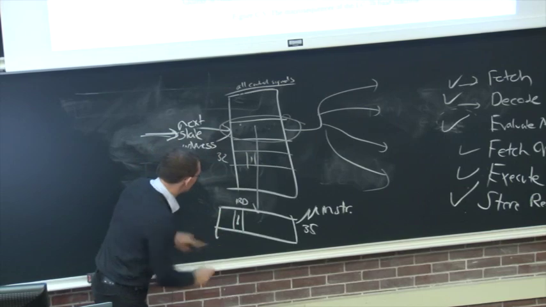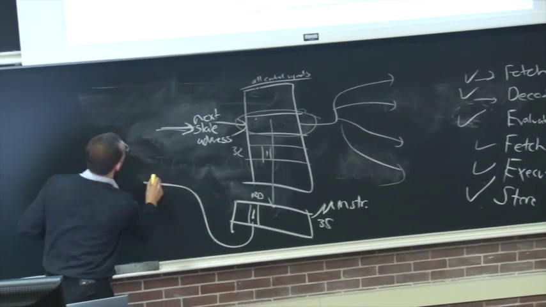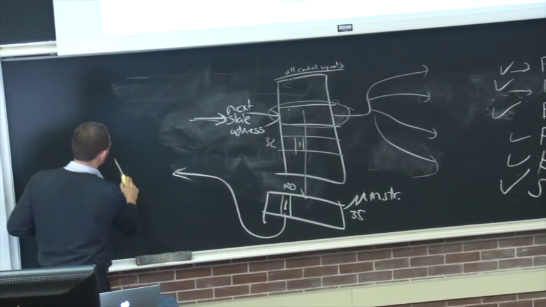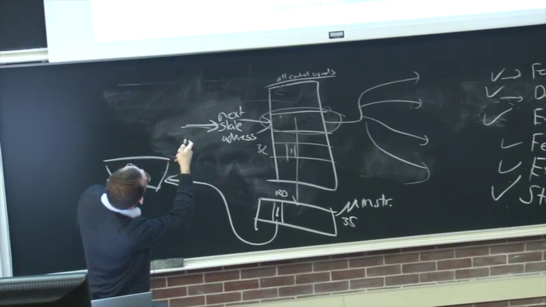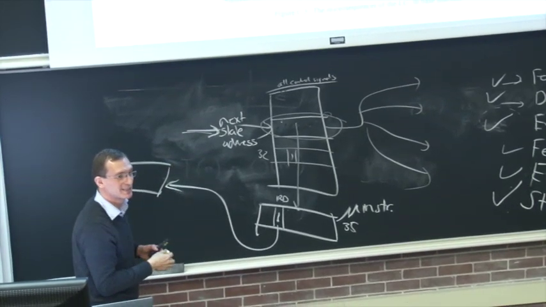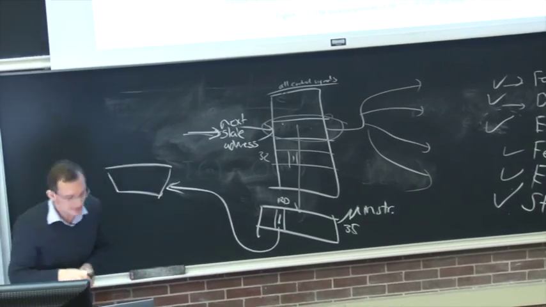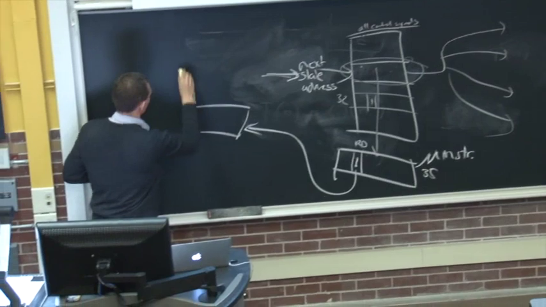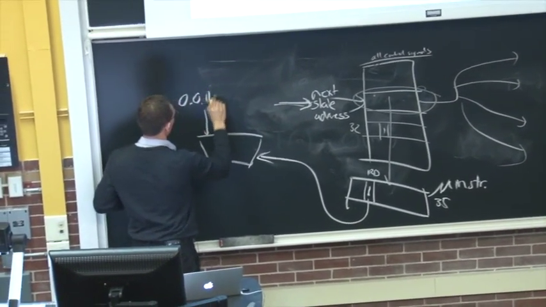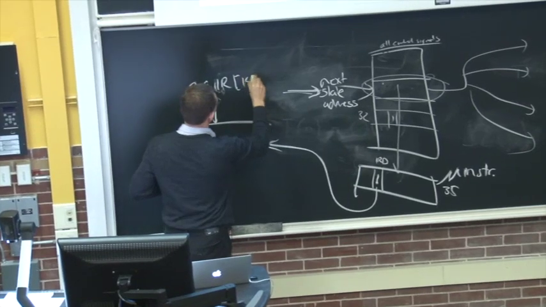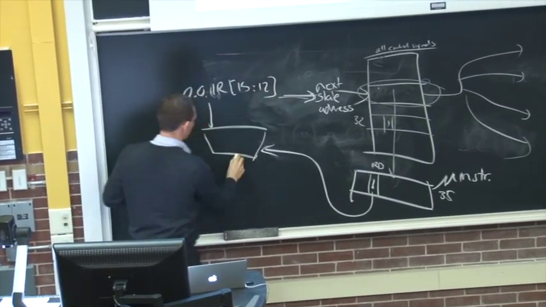And while you're in this state, this IRD signal goes to that MUX, right? In the data path, you have the instruction register, and that instruction register feeds that MUX. And the next state address is essentially determined by the opcode of the instruction.